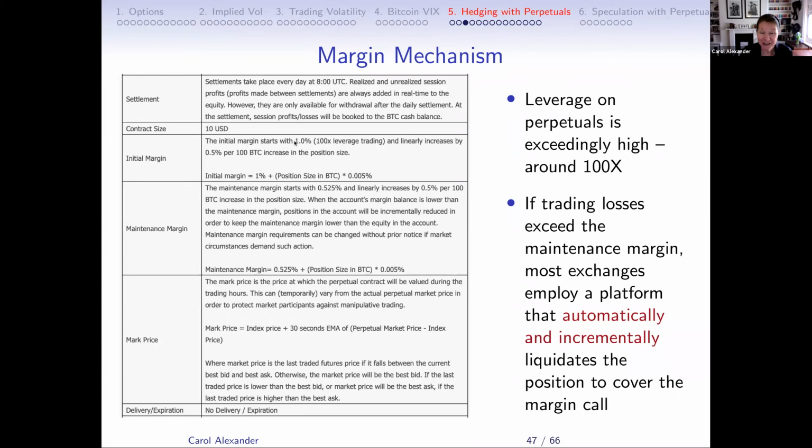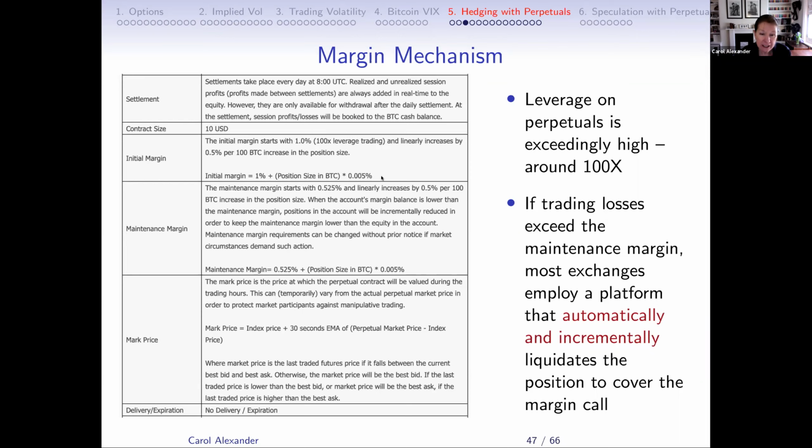And so I typically have to put in more than the minimum margin. Traders can be spotted as 50 times leverage or 20 times leverage traders, according to people that I talk to who actually trade these products.